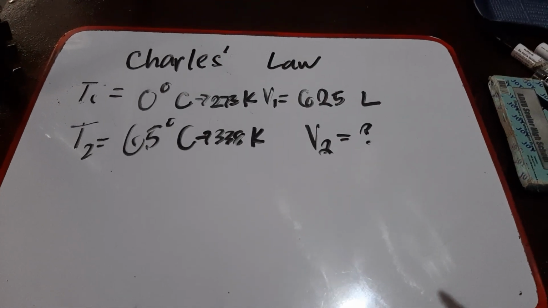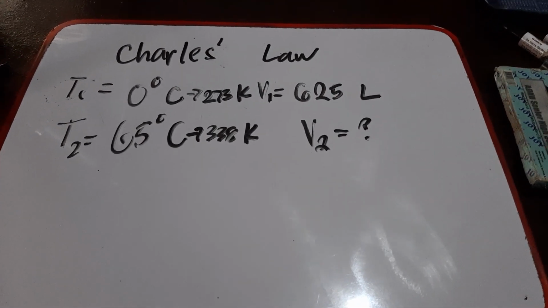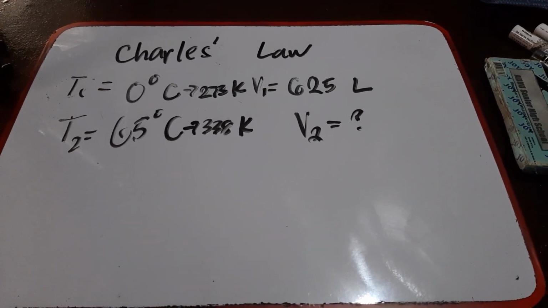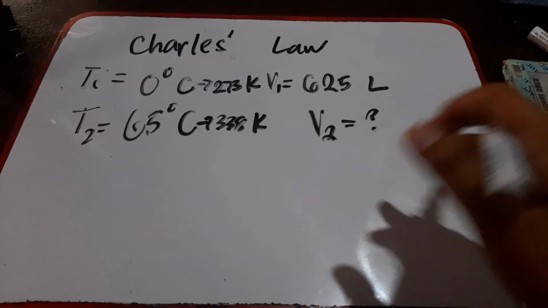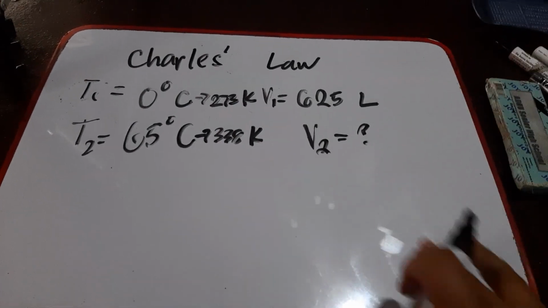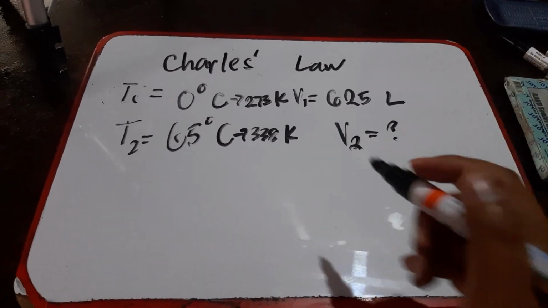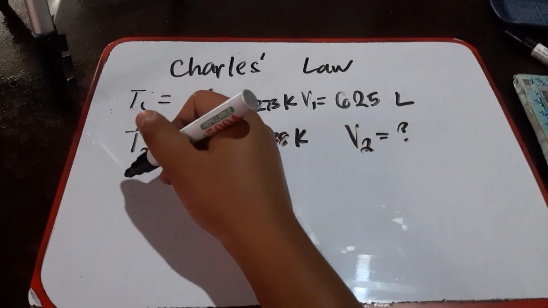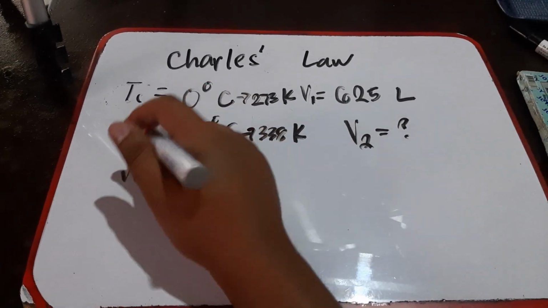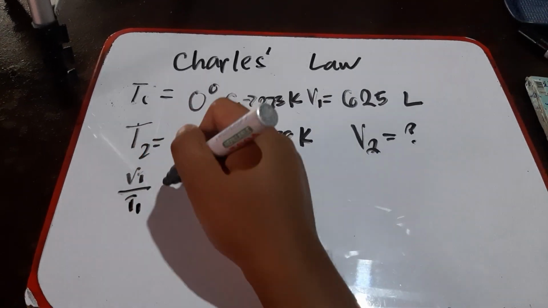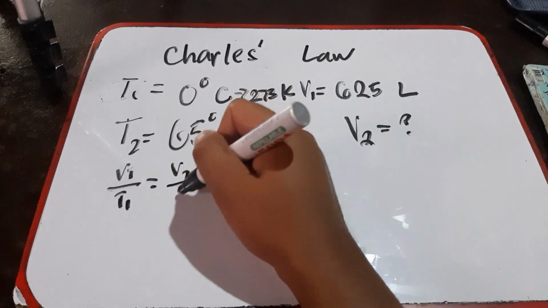So, that is your unit of measurement in its proper manner, not Celsius and liters. Now, let's use the formula of Charles' law to find the volume. That would be V1 over T1 is equal to V2 over T2.